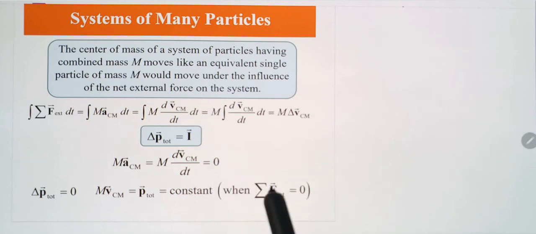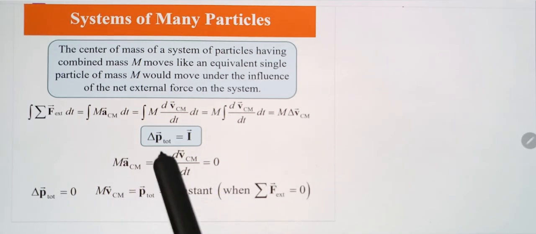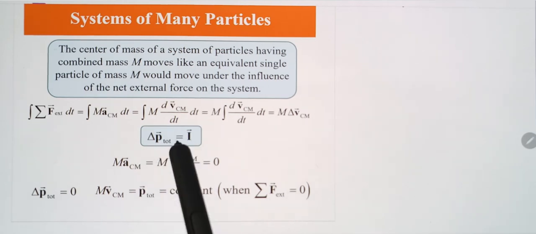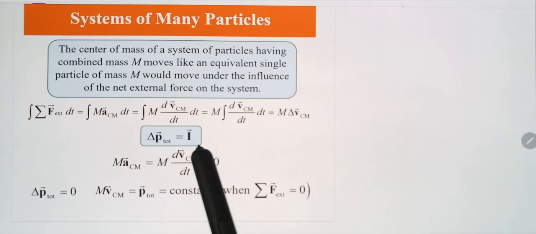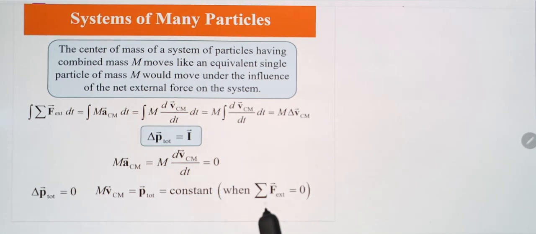And if a net force is acting on a system, then we have delta P equal to the impulse that we saw at the beginning of the class. So again, if the net force acting on a system is equal to 0, momentum is conserved.